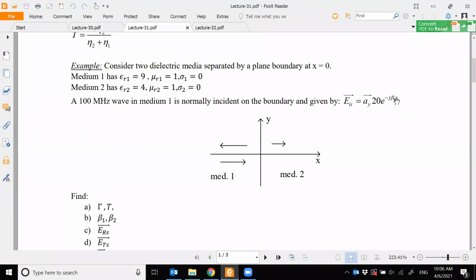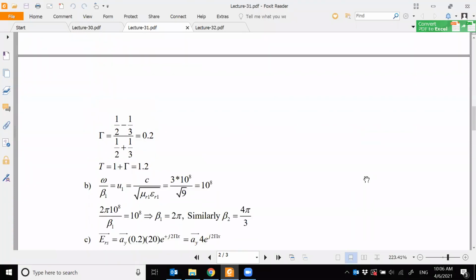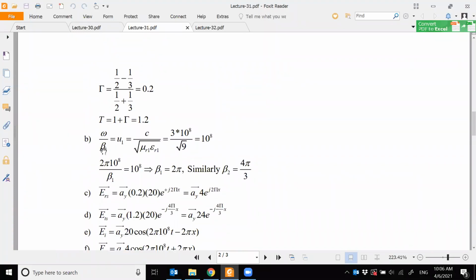Now the second part is we need to find beta 1 and beta 2, because beta 1 is not given to us. So how can I find beta 1 and beta 2? You can first find u1, the phase velocity, and from the phase velocity, you can find beta. So u1 is equal to c over root of mu r1 epsilon r1.